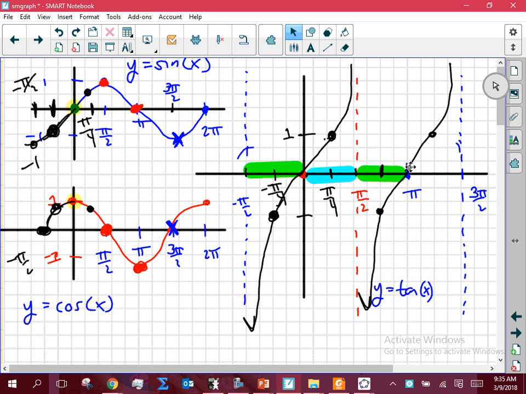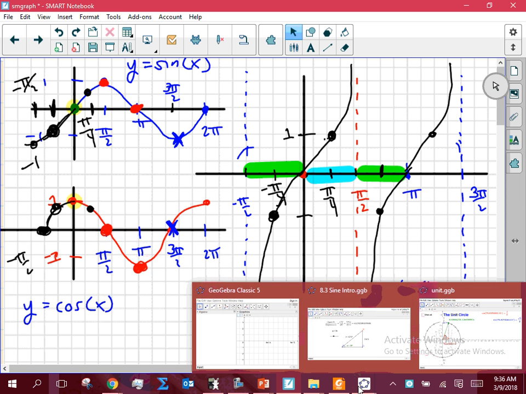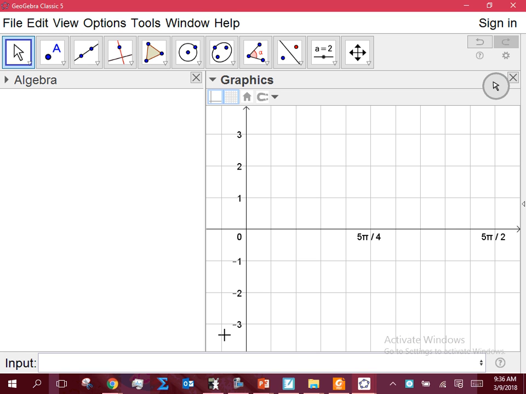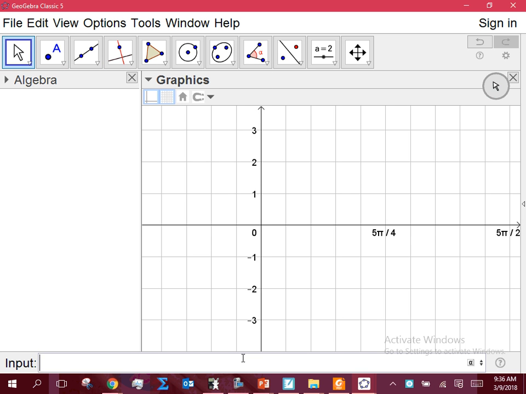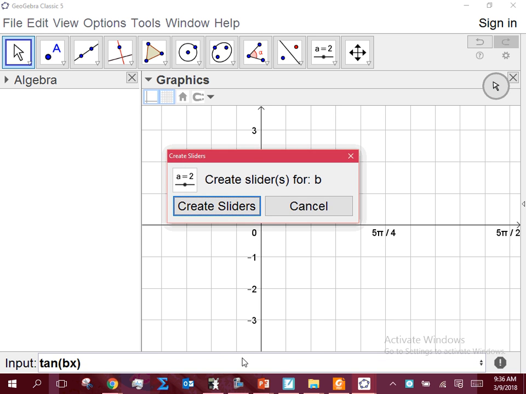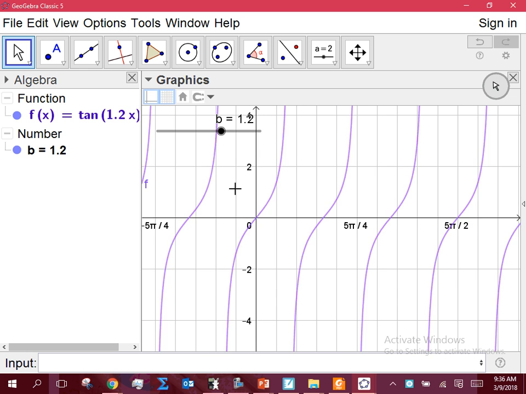All right. Yesterday, I kind of ended class with this, and the bell rang, you guys had to leave. So I finished the presentation. But I think just so everybody sees this, I'll talk about it here. If I have tangent of bx, okay, and I just create this slider of b, so b can be anything it wants to be.